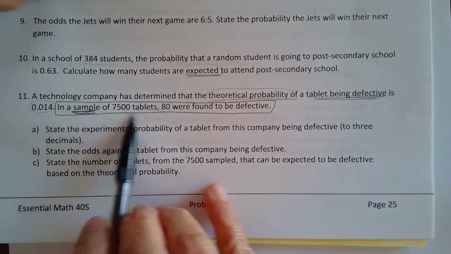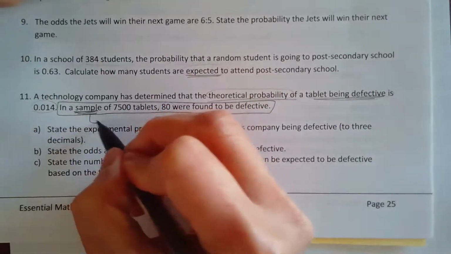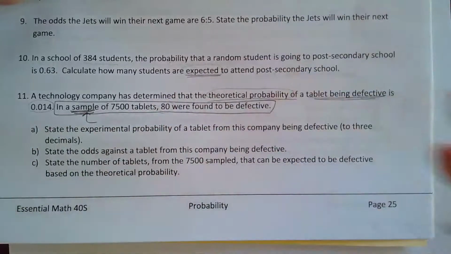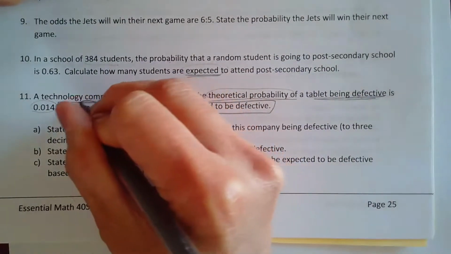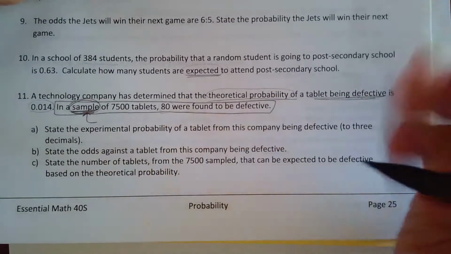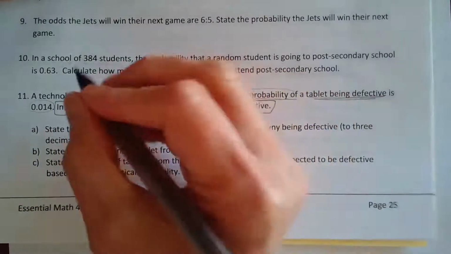So in this particular case, because they're actually sampling the tablets, this is showing us that they're going through the trials. They're trying them. So this is an experimental probability that they're describing here.